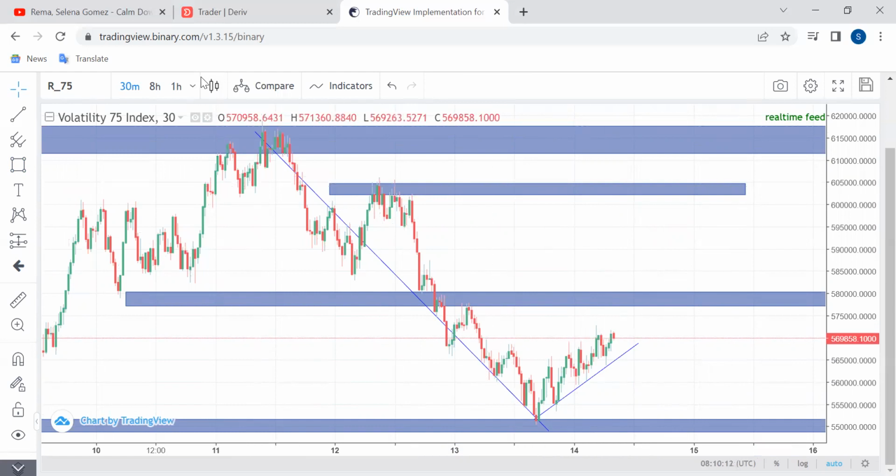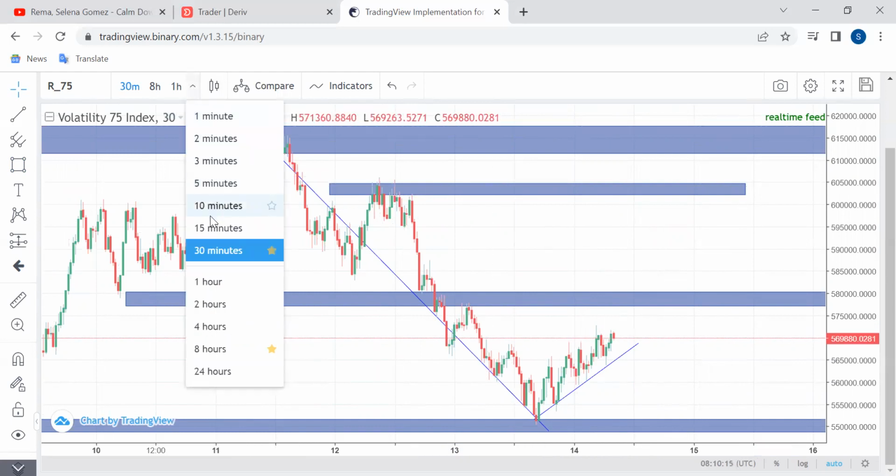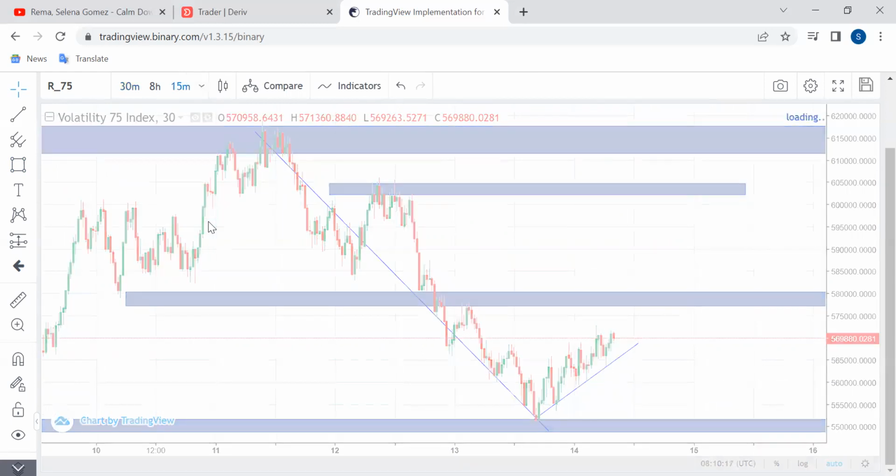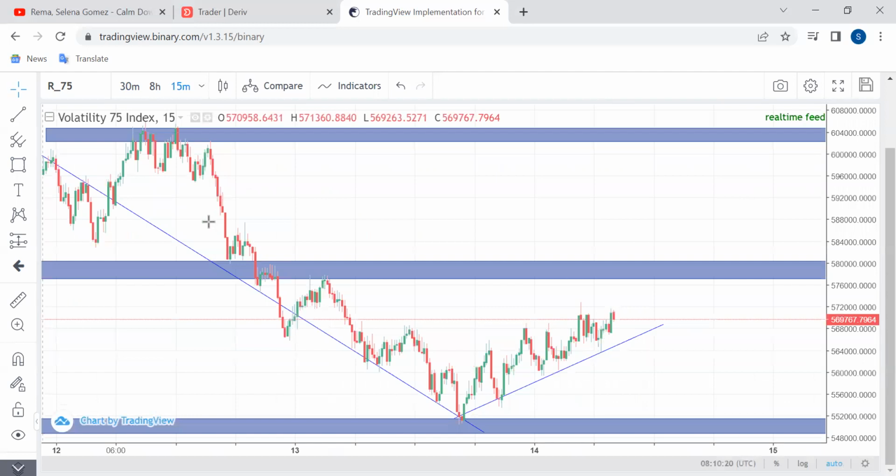So now I come to 15 minutes. I like using the 15-minute time frame to make my entries because I believe that the 15-minute time frame is like the equilibrium time frame. It's not too low and it's not too high. One candlestick represents 15 minutes.